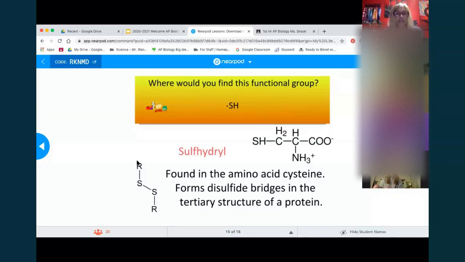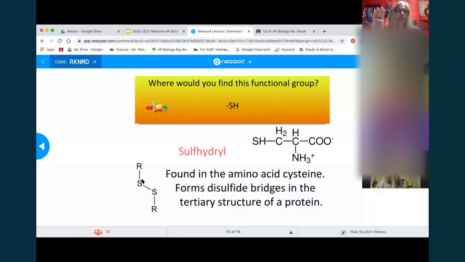Sulfhydryl, the SH. Again, R is just a variable amount of carbons, so it doesn't matter; the functionality is here. So this forms a disulfide bridge. When we talk about protein structures, we have 4 different levels of structure. Our amino acids are the primary structure, the local folding is secondary structure.